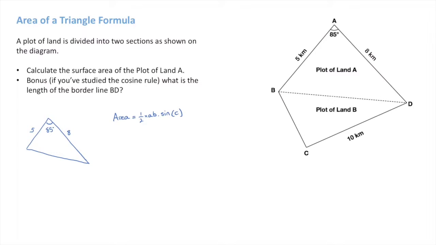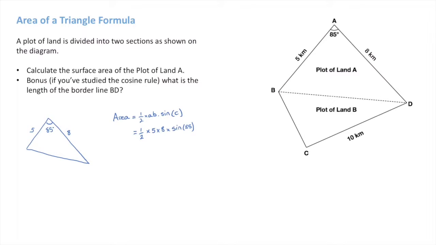What this formula is telling us, the two side lengths a and b are two adjacent side lengths, and the angle C inside the sine there is the angle between those two side lengths. So we can see right away we have everything we need here. And we can just replace values. We can state that the area is equal to 1/2 times 5 times 8 times sine of 85.